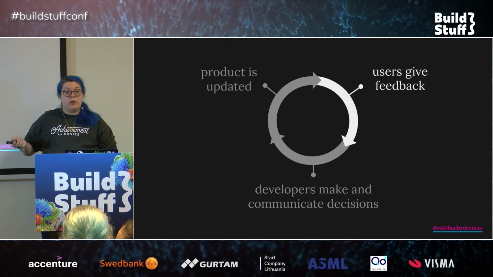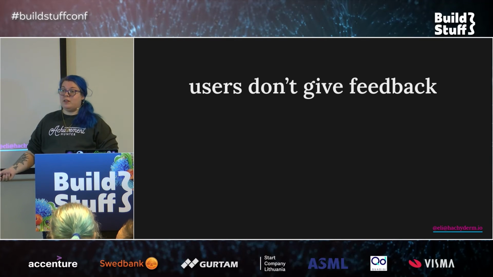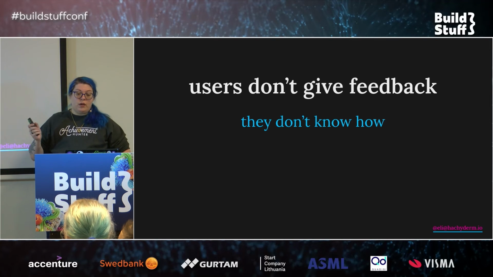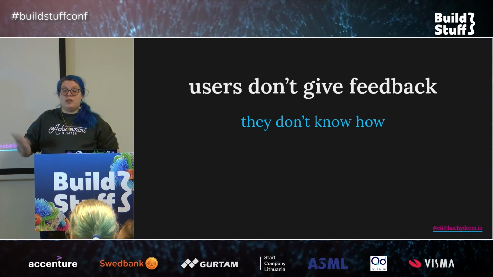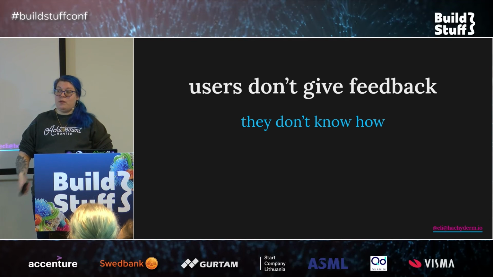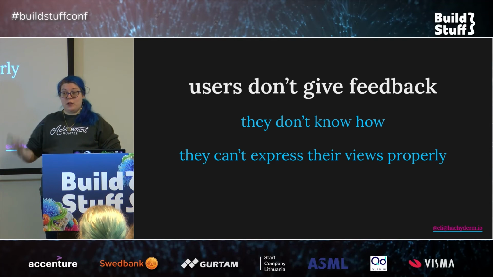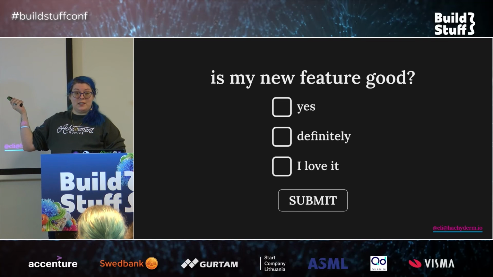The more interesting bits are when users give feedback. How can this go wrong? Well, we've talked about how to handle feedback when you get it, but what if you don't get it? What if it's just crickets and you don't even know if people are using your thing? They might not know how, if you didn't communicate about the ways that they can get in touch with you with their feedback. This is the value of having a canonical place where they know they can go to be heard. If they can't express their views properly, you come back to this forum, right?